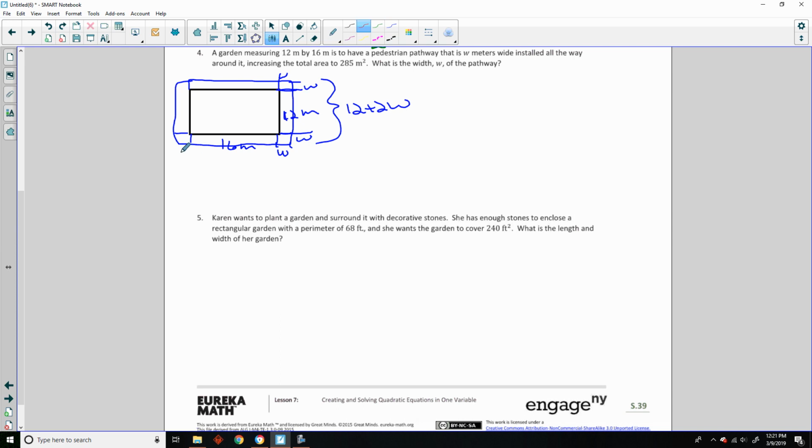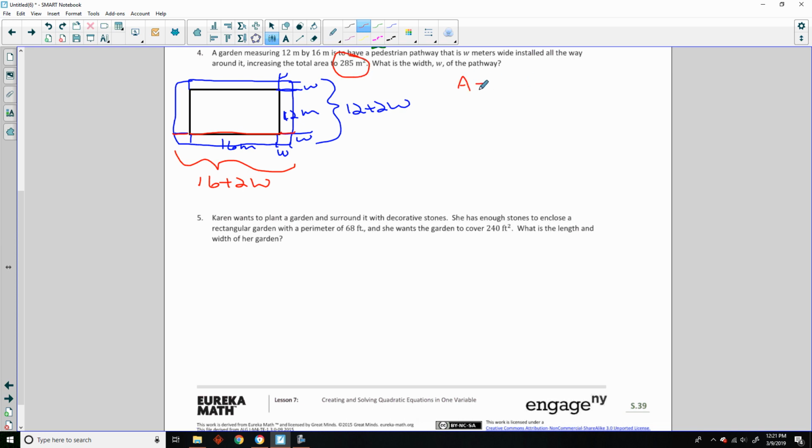And this part right here is 16, but we're adding a W and a W, so that's now 16 plus 2W. So that's how big the rectangle of the garden with the path is going to be. We know the area is 285 meters squared.